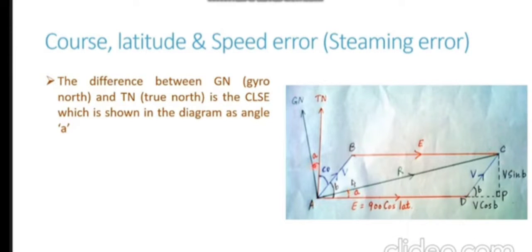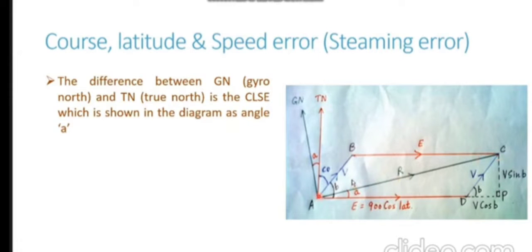Now how are these two angles equal to each other? The reason is that the angle between two lines is the same as the angle between their perpendiculars. We know the gyro north is perpendicular to AC, which is the resultant. The gyro is pointing in a direction perpendicular to the resultant.